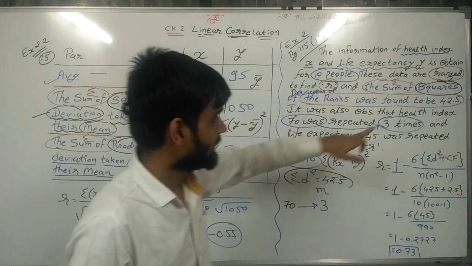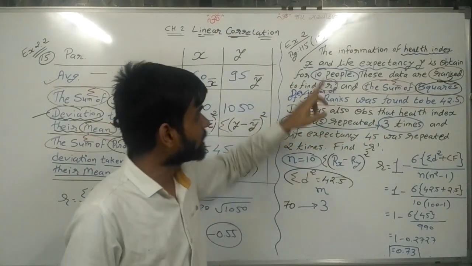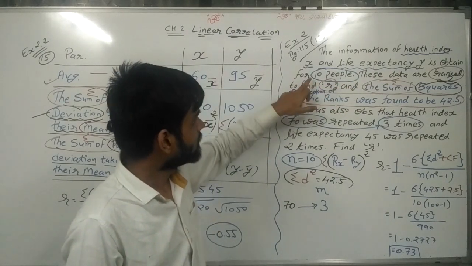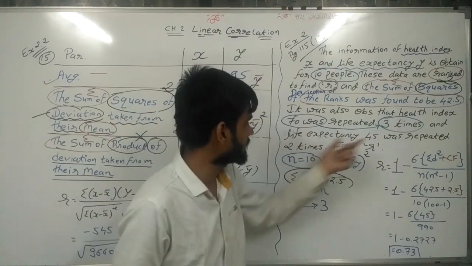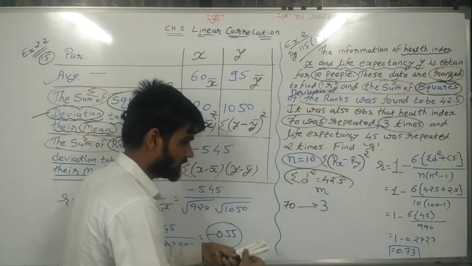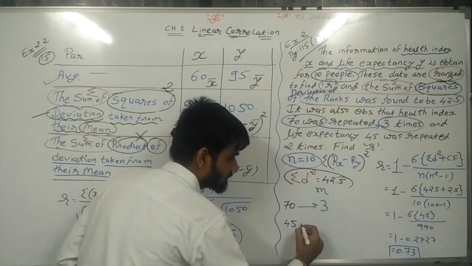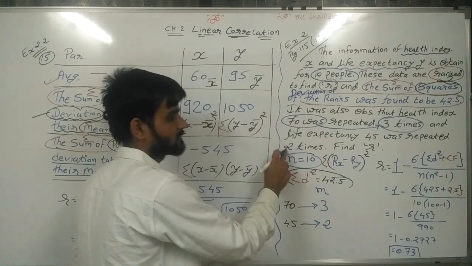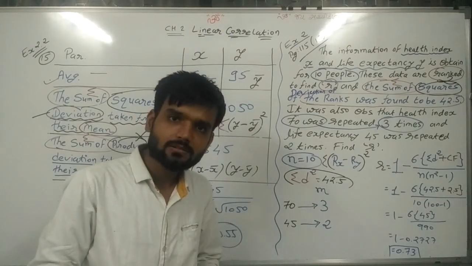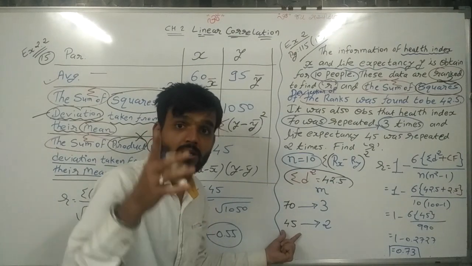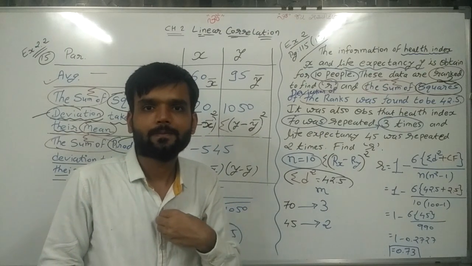Same way going ahead, life expectancy y, 45 is repeating 2 times. It is twice in the data. 45 doesn't matter, that it is repeating 2 times is very important for me.